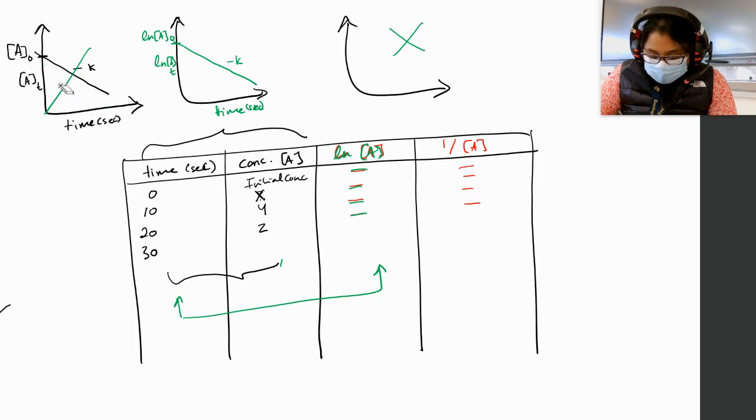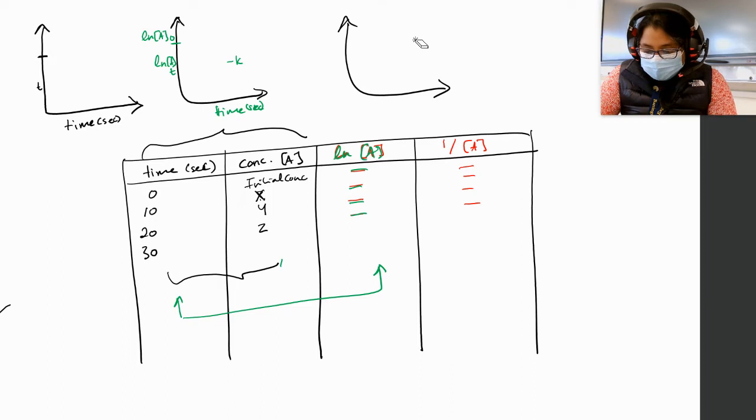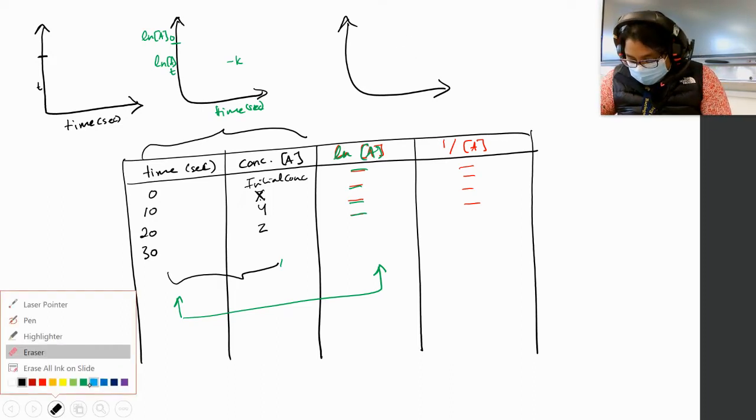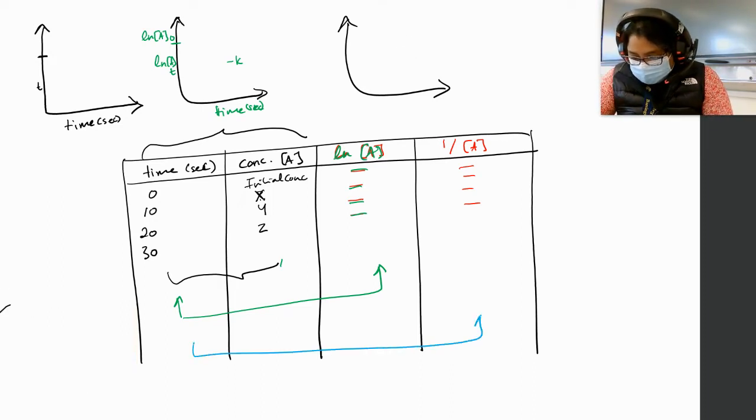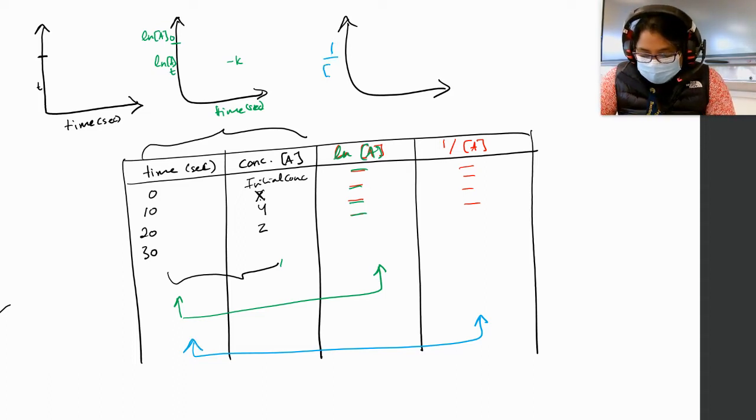If you wanted to check to see if it was second order, you would do this column and this column. Here you would have 1 over the concentration of A at time t, and this would be time.